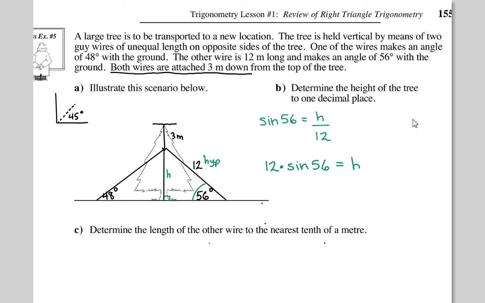I got 9.9. 9.95 pretty much. And that is meters. Is that the height of the tree? No. Plus the 3, right? Plus 3. And then the tree height is 12.95 meters.